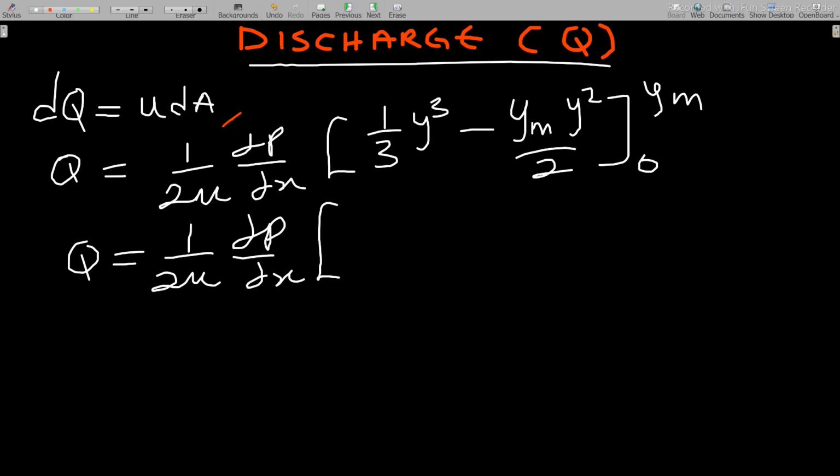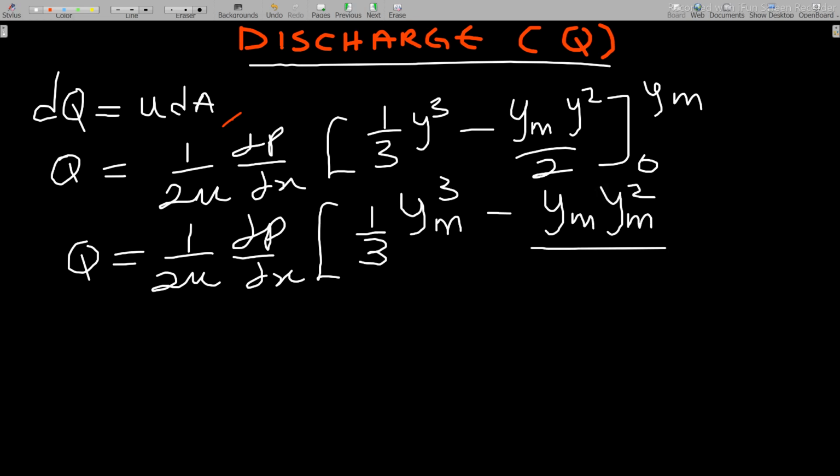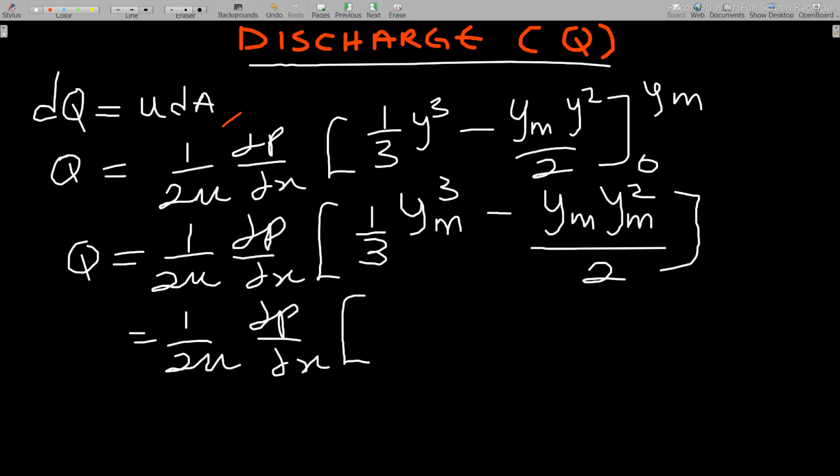When we put 0 in, it will be 0, so we just have to put ym, and that will be our answer. So we get 1 over 3 ym cubed minus ym squared, because we are putting ym in place of y, over 2, and this is equal to 1 over 2 mu del P del X, then ym cubed over 3 minus ym cubed over 2.